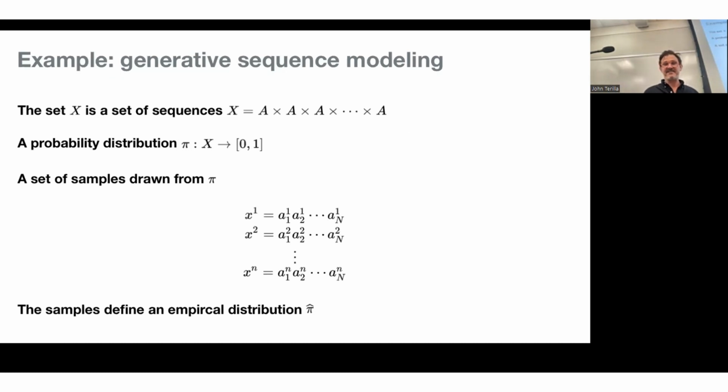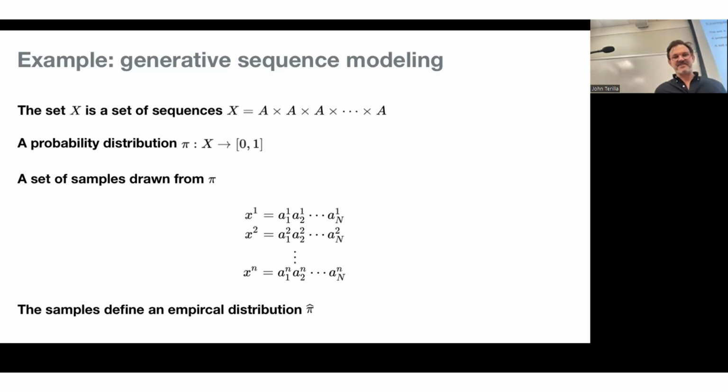So a good example to have in mind is generative sequence modeling. What I'll be saying is a little bit more general than this, but I think this is a good example. Suppose your set X is a set of sequences, say fixed length sequences of elements from some alphabet A. Then you may have a probability distribution on all of these sequences.